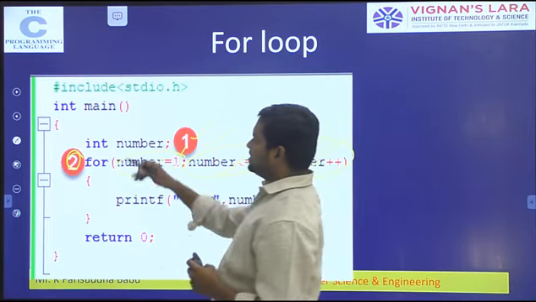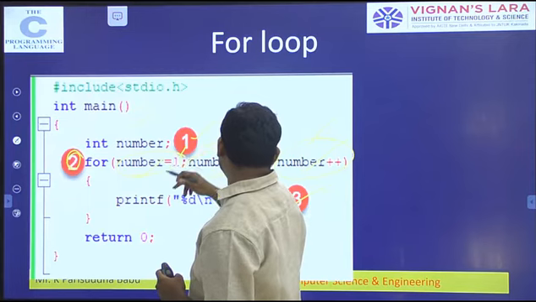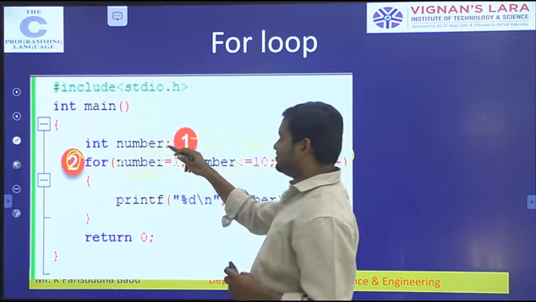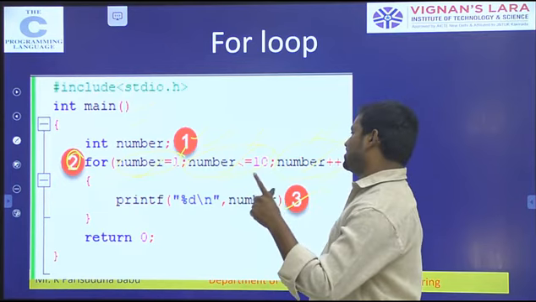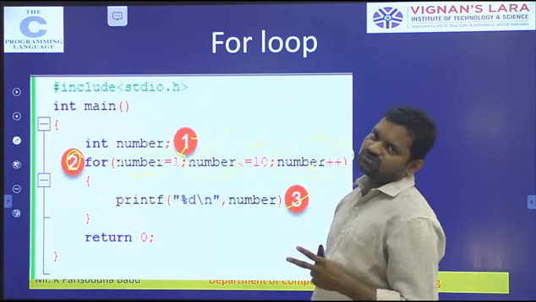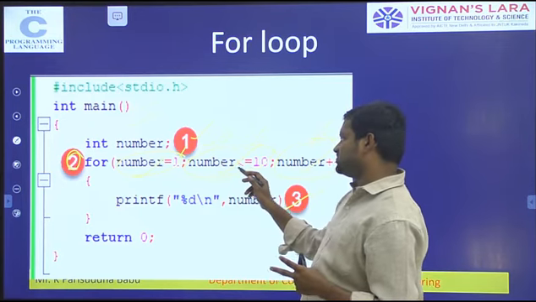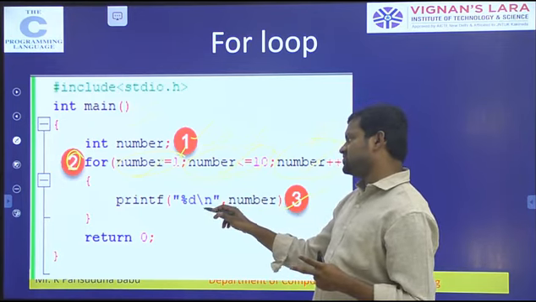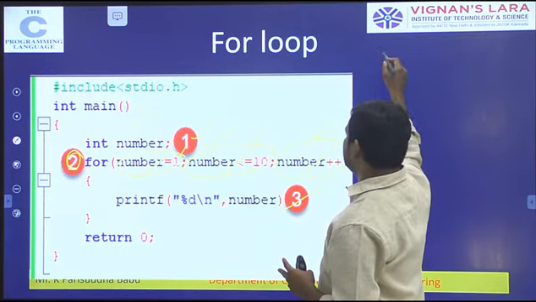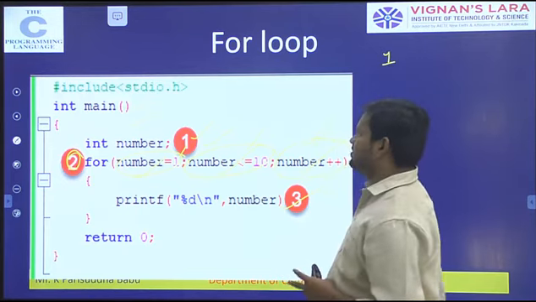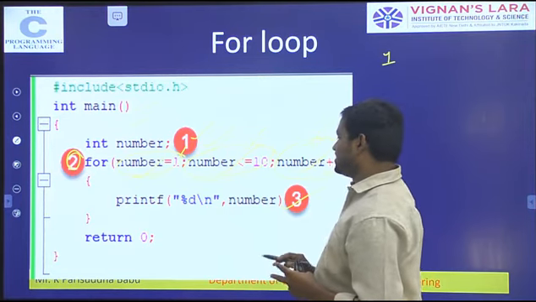Execution starts from main. Number equals 1; 1 is less than or equal to 10, true. If it is true, it goes in and prints the value 1. After that the increment is done.